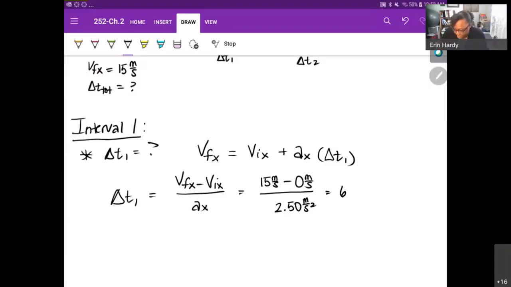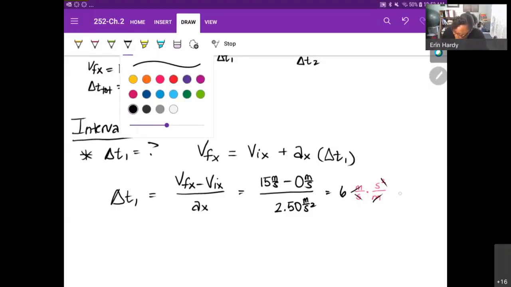And let's just take a look at what's going on with the units, because we're still kind of getting our feet wet with this concept. I have meters per second divided by meters per second squared. So that is the same as multiplying by the reciprocal. The meters are gone. One of the seconds is gone. So I'm just left with the time.